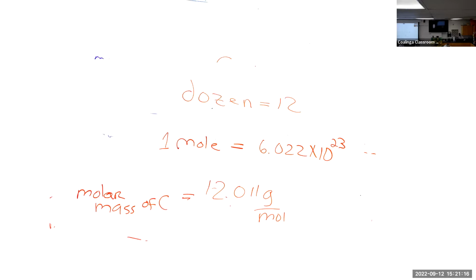Okay, so let's talk about how we can use moles and molar mass, right? Because we know a mole gives us quantity. It tells us how many atoms there are, or how many particles there are, or how many electrons there are, how many girlfriends there are. A ton of girlfriends, right? So I want you guys to think about how many we're talking about.